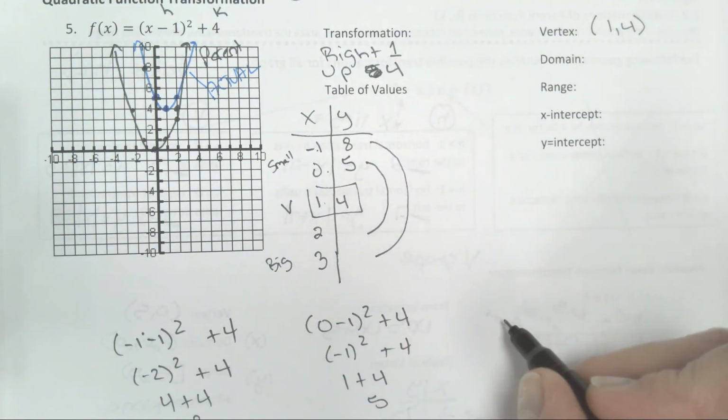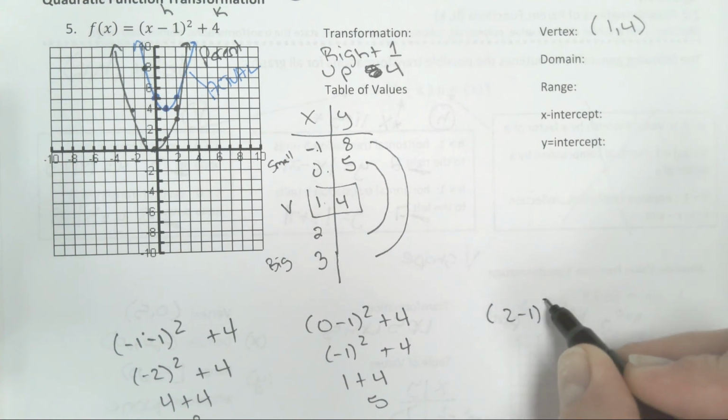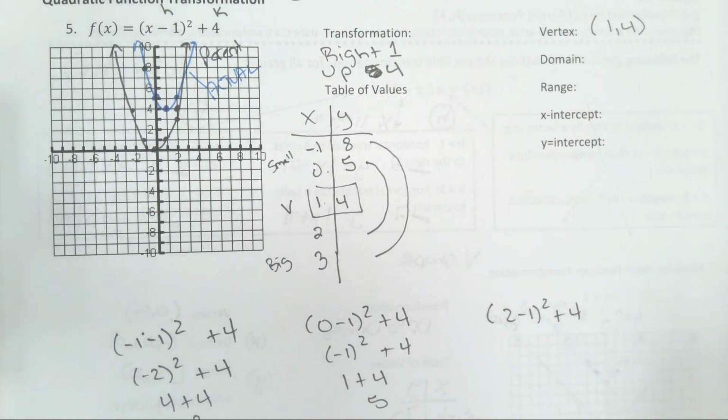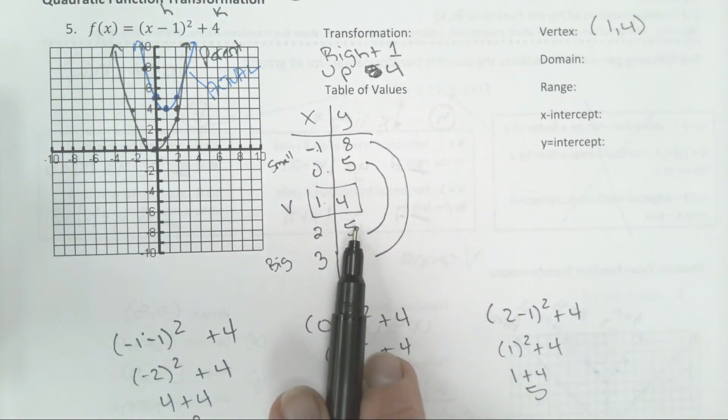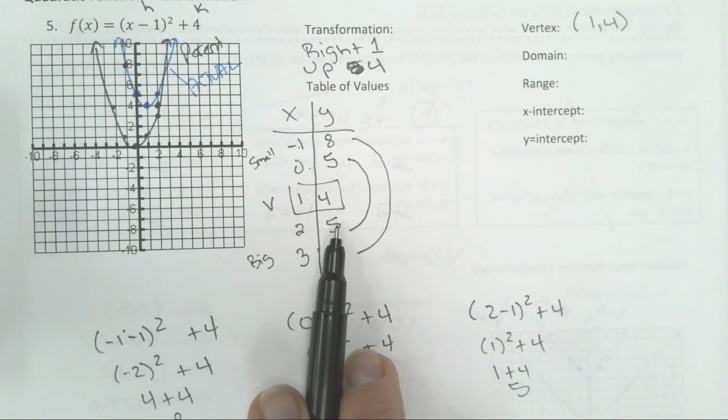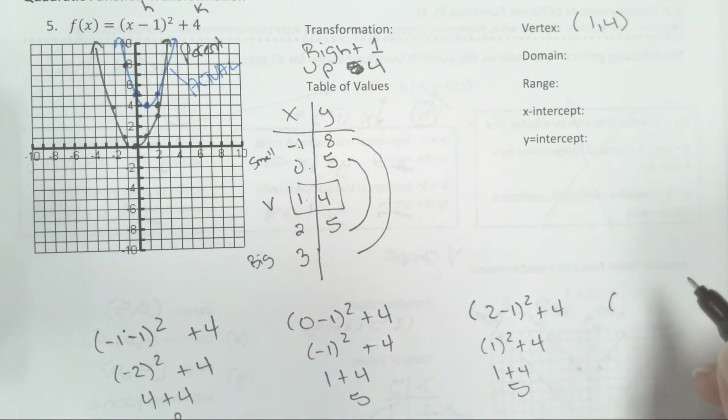I'm going to skip down to the 2. So I have 2 minus 1 squared plus 4. 2 minus 1 is 1 squared plus 4. 1 squared is 1. And 1 and 4 adds up to 5. So whatever this answer is, that's your y value that goes right there. And then I'm going to plug 3 in.